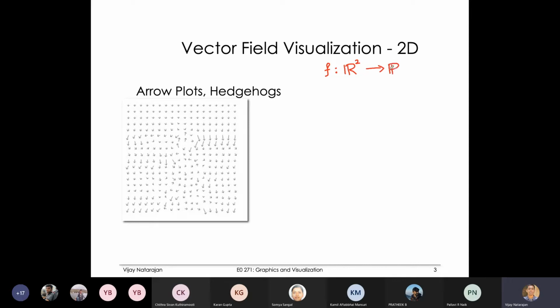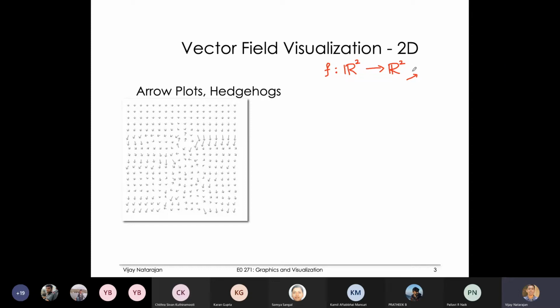So this is, in this case, R2 to R2. And this range space can be considered as a vector which has some magnitude and a direction, or it can be considered as a point again in 2D. That's just up to our interpretation.